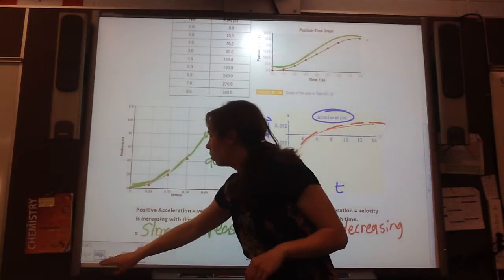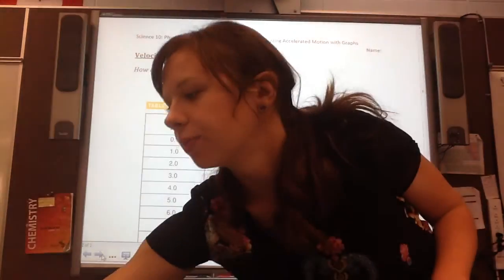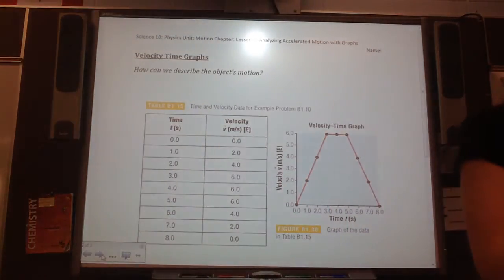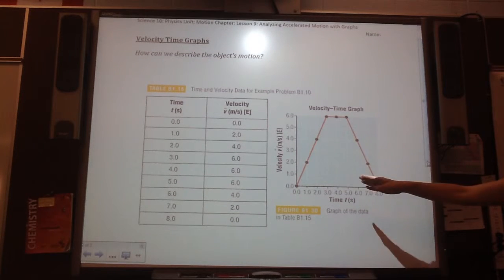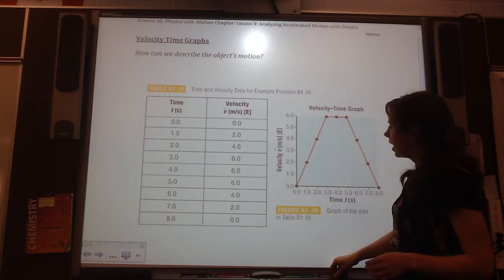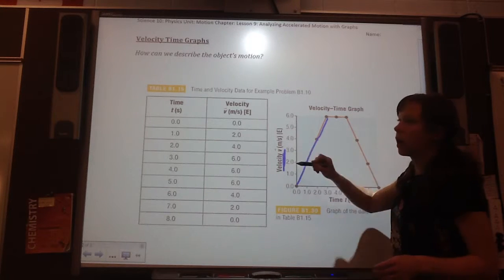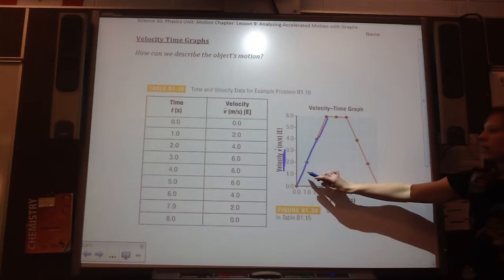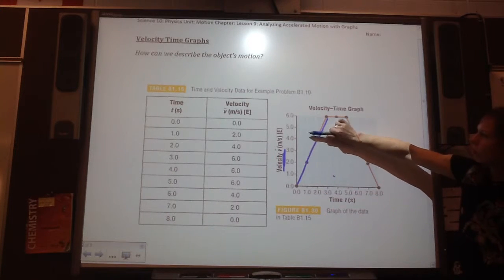Okay, so next is a velocity time graph. Now, when we look at an object's motion with this velocity time graph, what can I say is happening here? So remember, this is velocity now, not displacement. So what's happening? First my velocity is 1, then 2, 3, 4, 5.